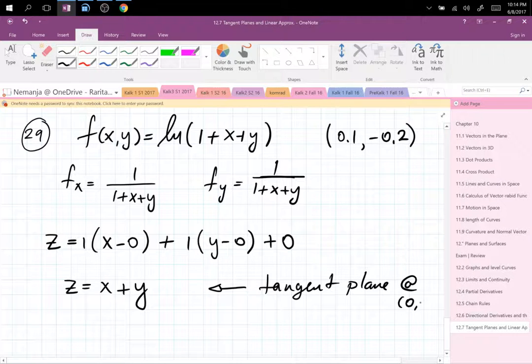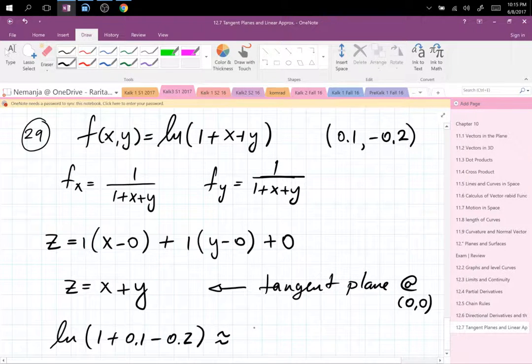At 0, 0. Now 0, 0 is obviously sufficiently close to what we have to compute. So I will say that ln of 1 plus 0.1 minus 0.2 is approximately the same as just 0.1 plus negative 0.2, which is the formula up there, negative 0.1.